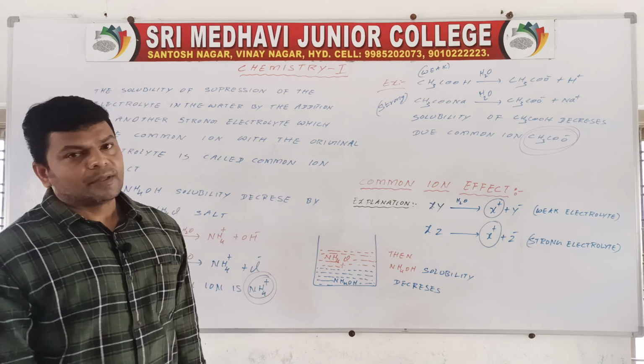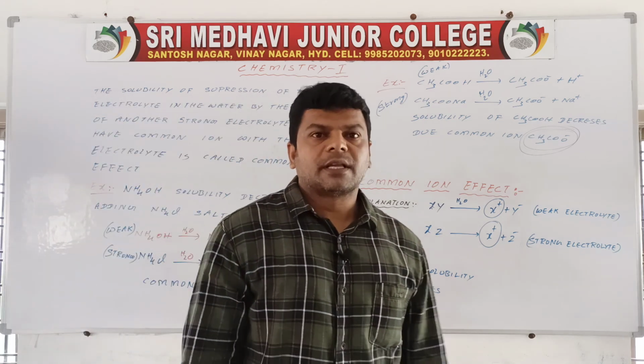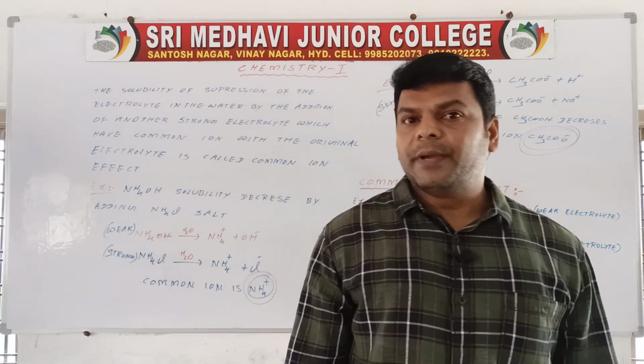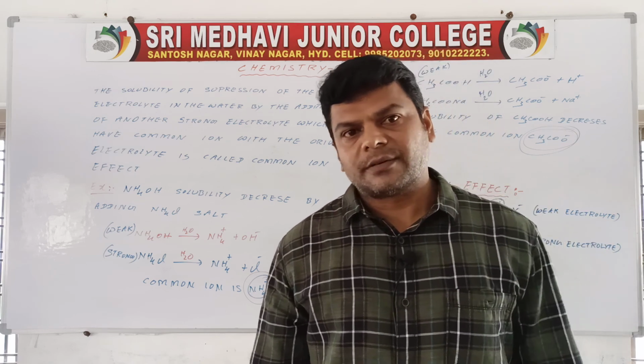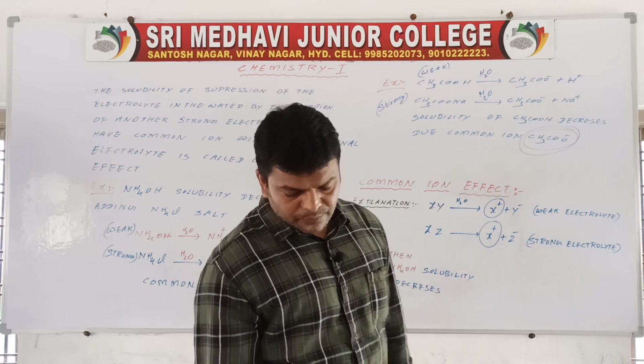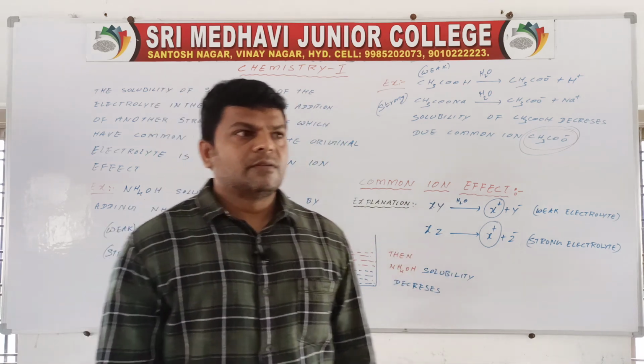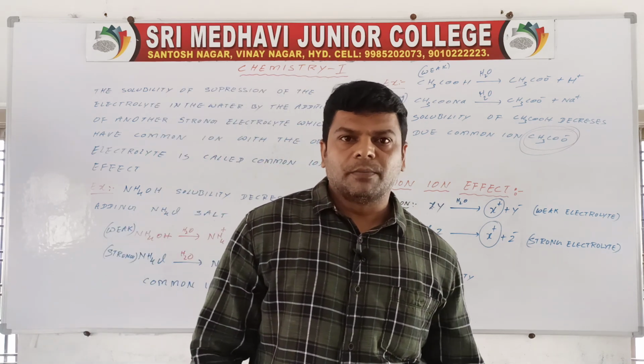This is briefly the 7th chapter, chemical equilibrium, acids and bases, which carries 6 marks: one short answer and one very short answer. In the next class we will start hydrogen and its compounds.